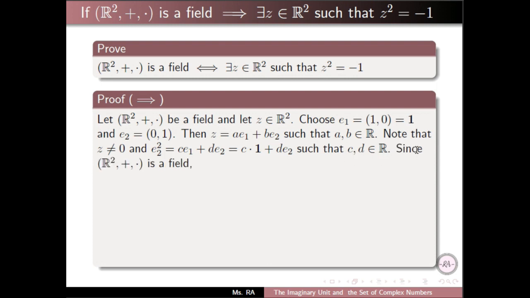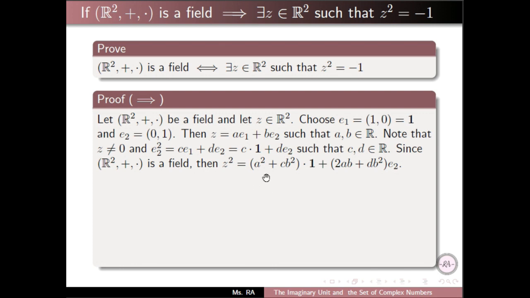Now, since the ordered triple is a field, multiplying z by itself, which is just z squared, is also defined. And note that you can do that. You can multiply z times z together, and then just rearrange the like terms.